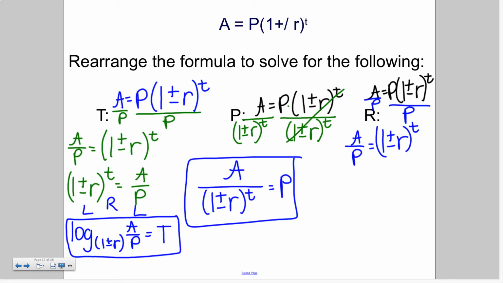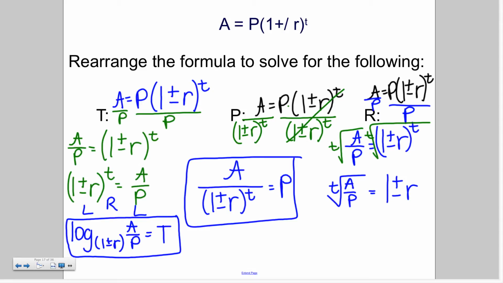Now, since r is in the parentheses, we've got to get rid of the exponent first. Remember, when we had a square or a cube, in order to get rid of it, we took the root. So we're taking a t root of both sides. So the t root of A divided by P is equal to 1 plus or minus r.